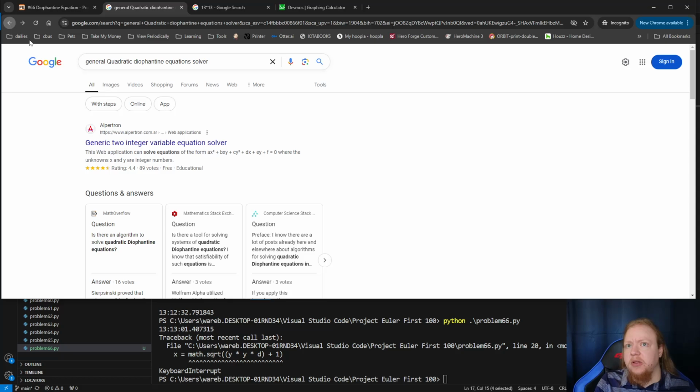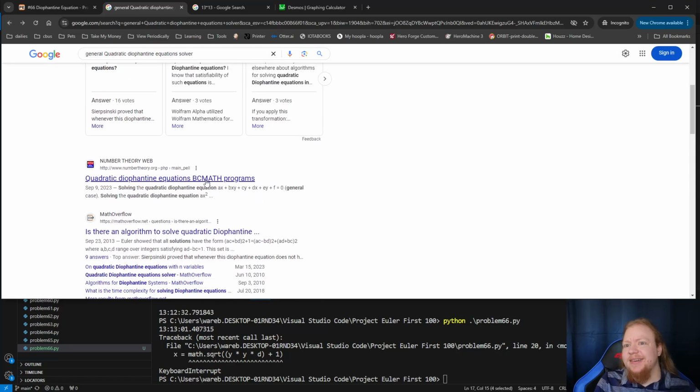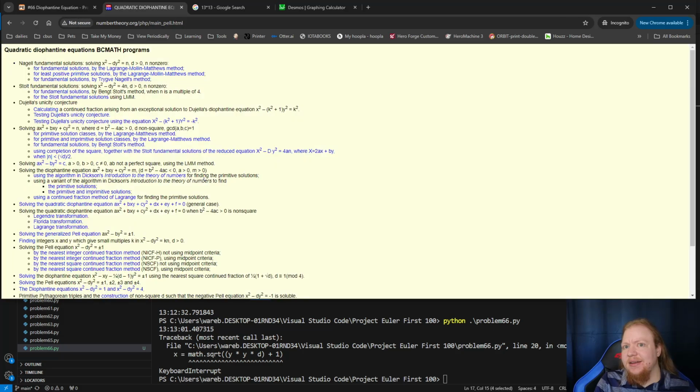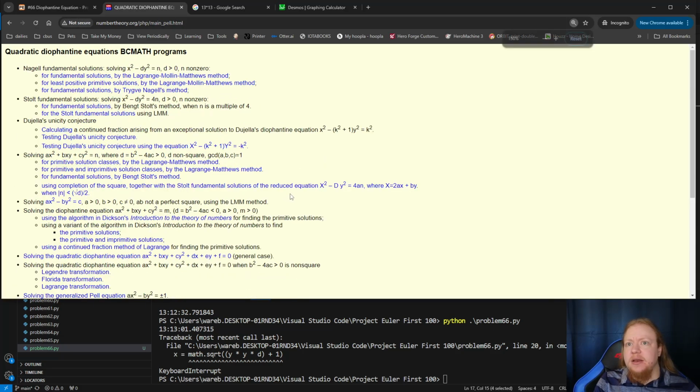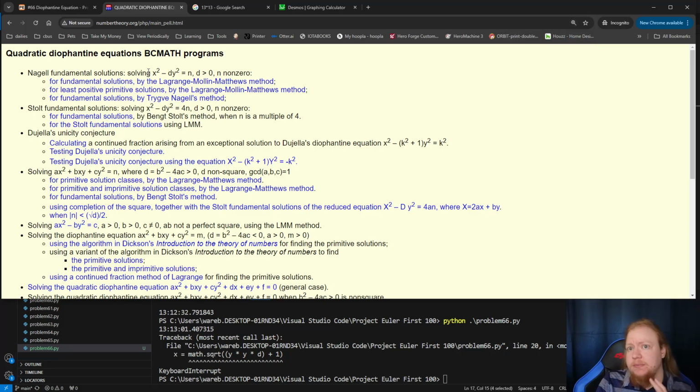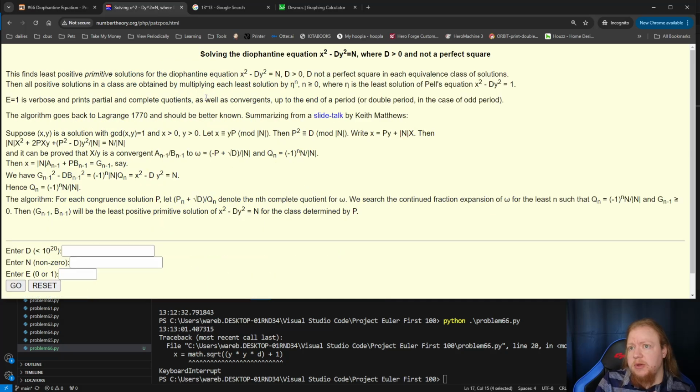Okay, this is that calculator we found previously. Okay, tiny print. Least positive primitive solutions. So, x squared minus dy squared equals n, where d is greater than 0 and not a perfect square.